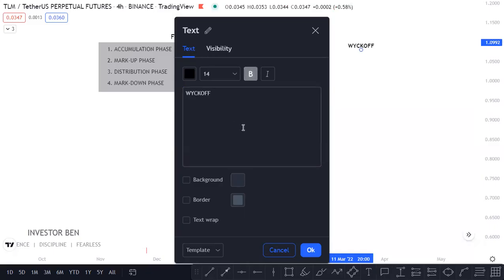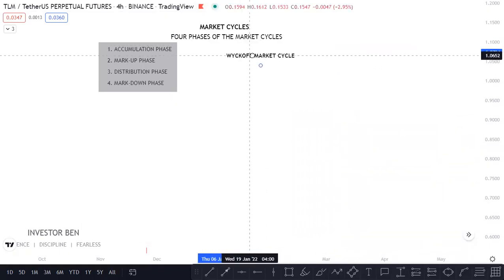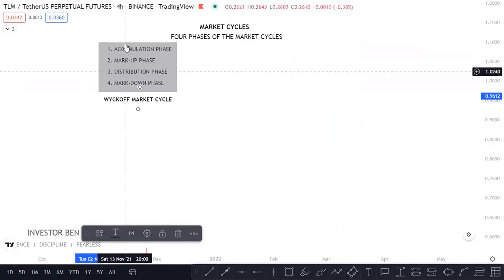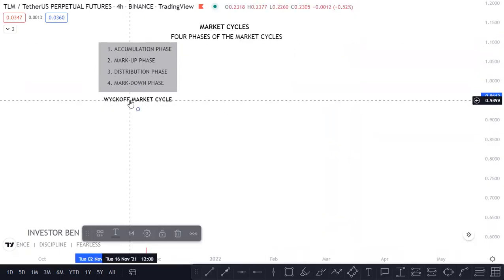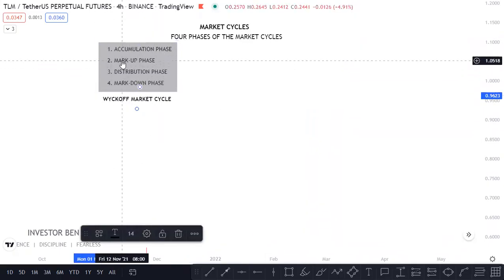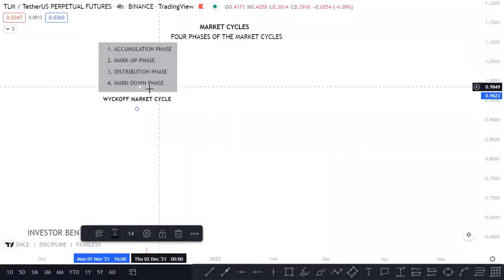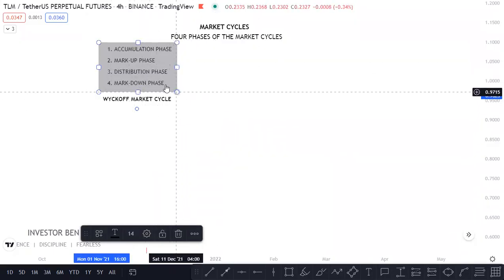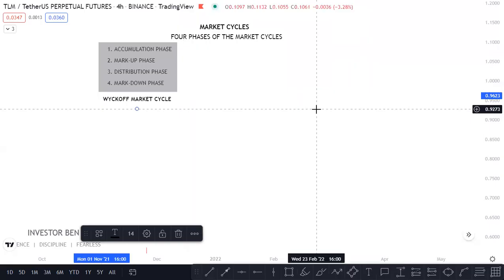So this is actually the Wyckoff market cycle. He brought about this definition, these phases of the market: the accumulation phase, the markup phase, the distribution phase, and the markdown phase. These phases oversee the market movements.